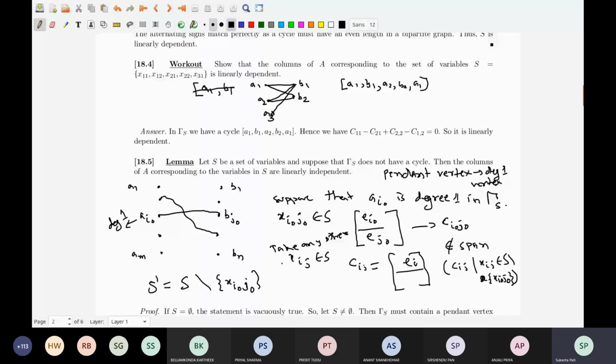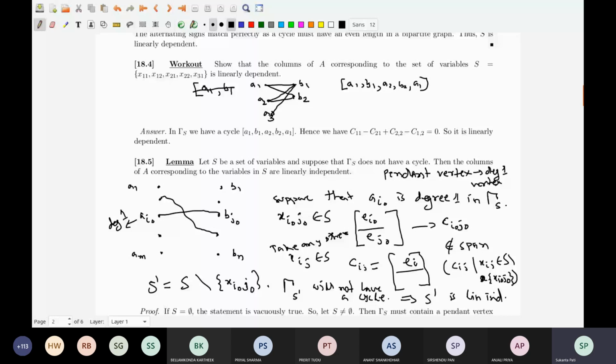And therefore, by induction on the size of S, S dash is linearly independent.